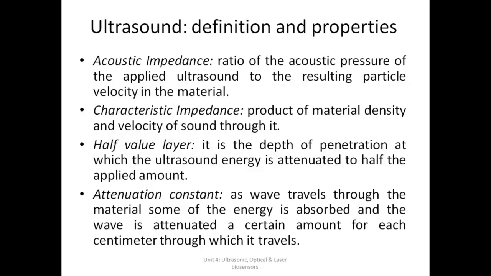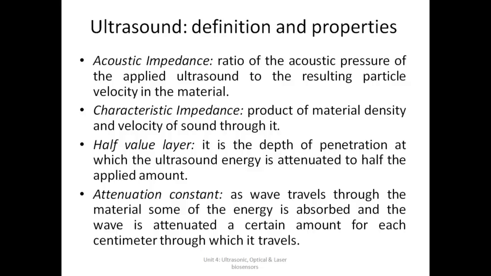Then the fourth one is the attenuation constant. As the wave travels through the material, some of the energy is absorbed and the wave is attenuated by a certain amount for each centimeter through which it travels. So the attenuation constant is basically how much the wave gets attenuated when it travels 1 centimeter in that medium. With each centimeter, how much energy is getting lost?